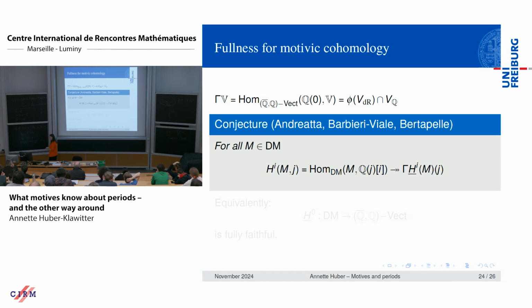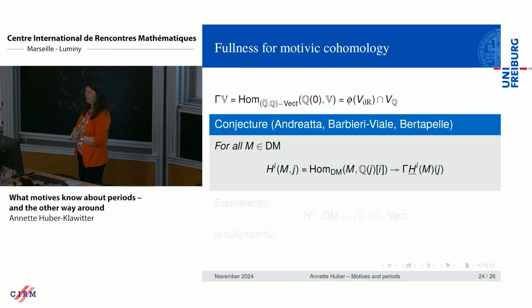So this was a conjecture formulated in a paper by Andreatta, Barbieri-Viale, and Bertapelle. And so they think not about the functors between categories, but more about the maps between the motivic cohomology groups and its realizations. Like the original period conjecture was a statement about cycles mapping to classes in homology.